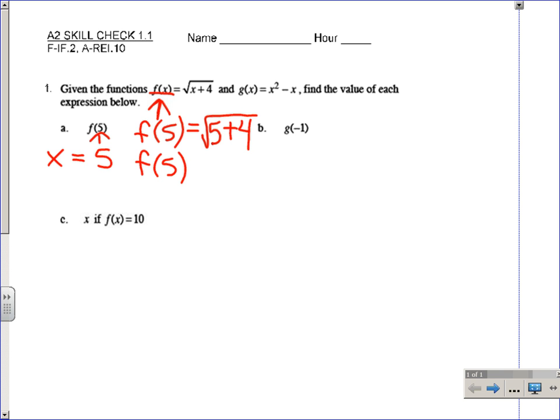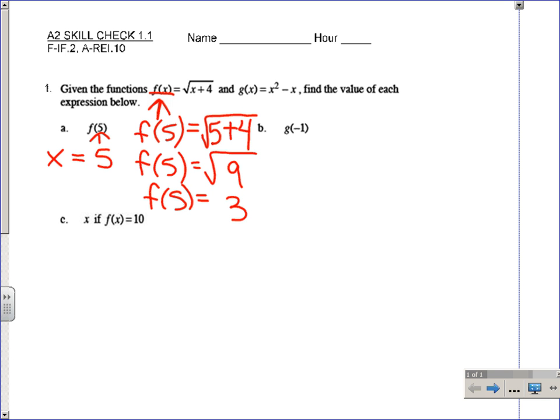Let's simplify what is underneath the radical. 5 plus 4, well, that's 9. So now I have f of 5 equals square root of 9. I'm almost done. I just have to calculate the square root of 9, which I know is 3.